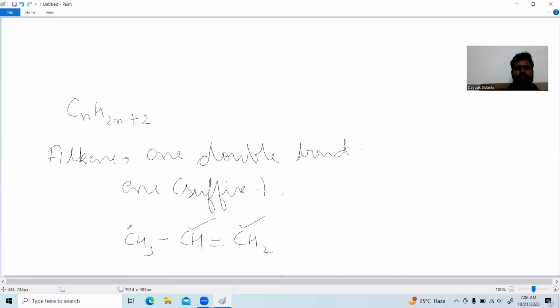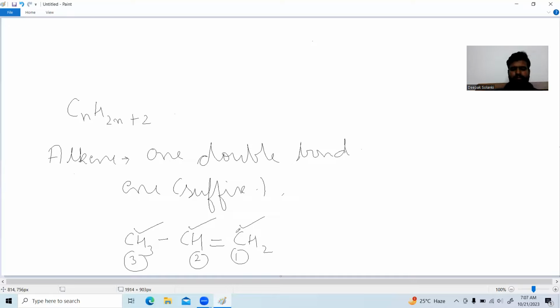This carbon is also complete. Now look at this carbon. It is bonded with 3 hydrogens and 1 bond, so the valency of 4 is complete. Now, for the naming, we have to start numbering. Where the double bond is, we will start the numbering from there.